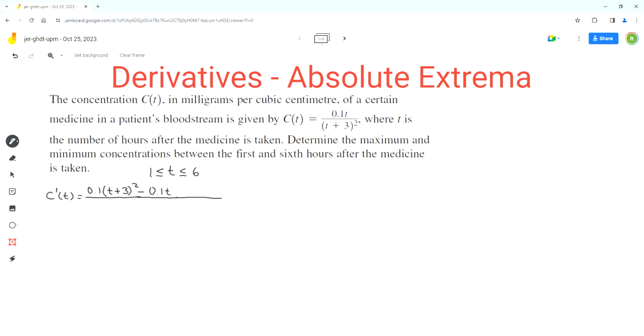We move the exponent to the front, so we get 2 times (t+3) to the power 2 minus 1, times the derivative of the inner function, t+3, and its derivative will be 1 plus 0. 3 is a constant, so that's why its derivative is equal to 0, and then divided by the square of the denominator.